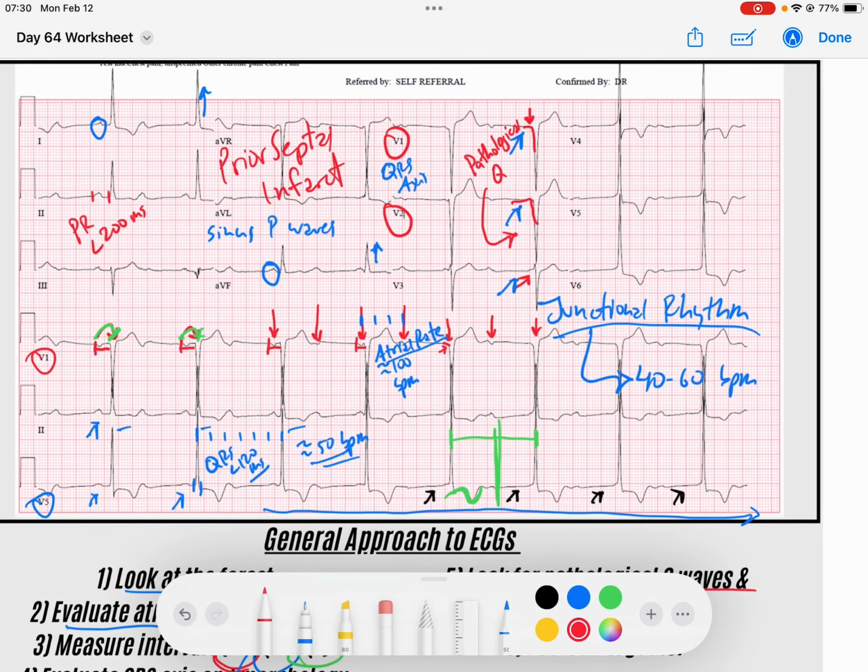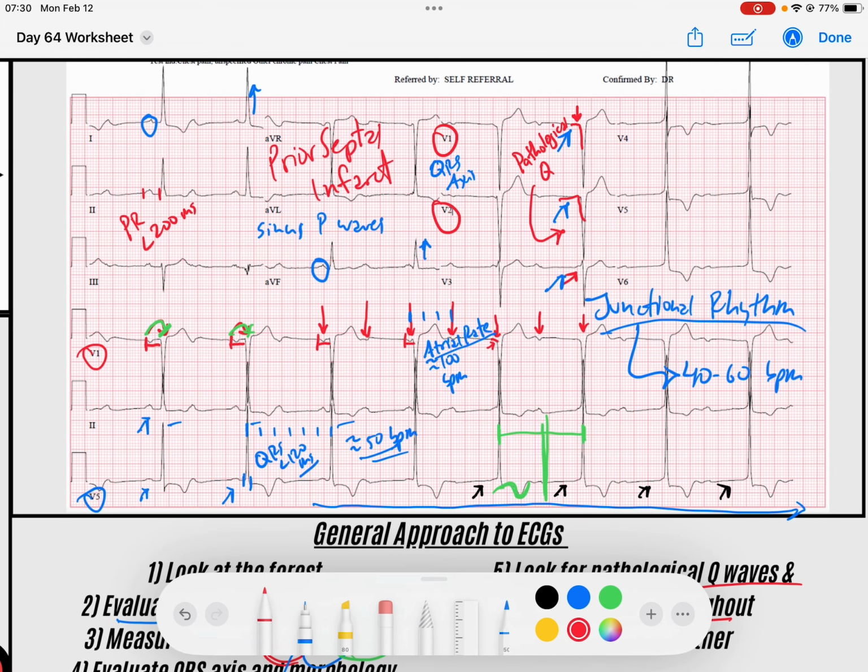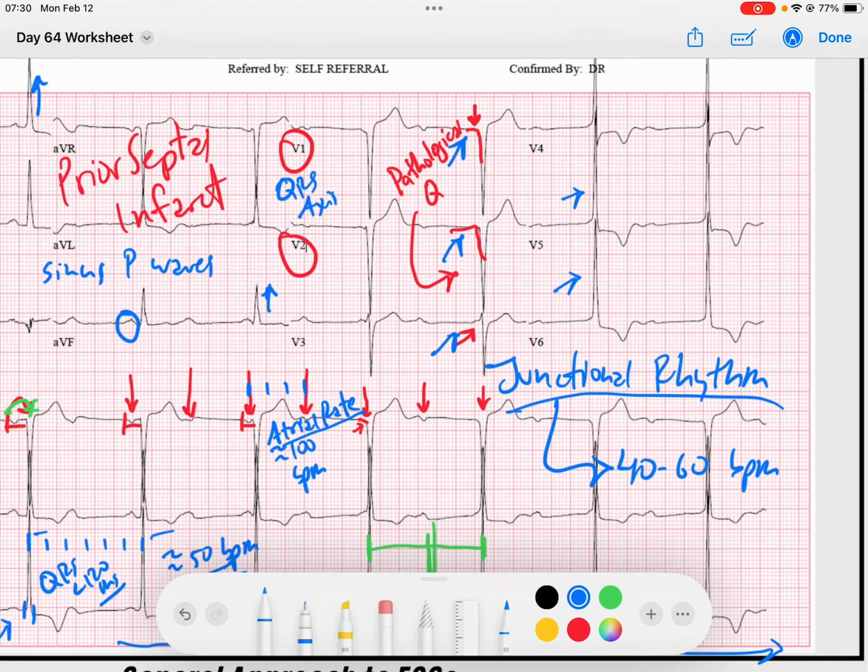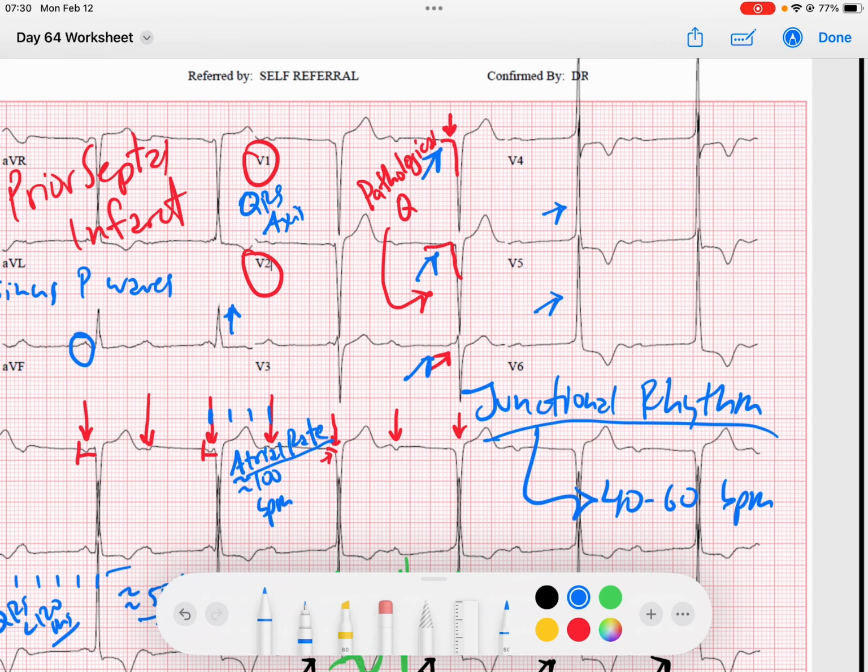Also, if you look closely, those pathological Q waves are very deep, and we also have an extremely positive QRS in these lateral leads. You wonder if this person might have some risk factors for ventricular hypertrophy, so let's take a glance at that and count.